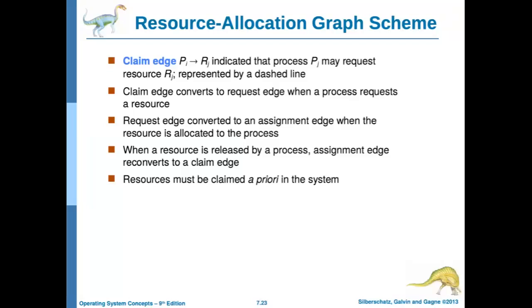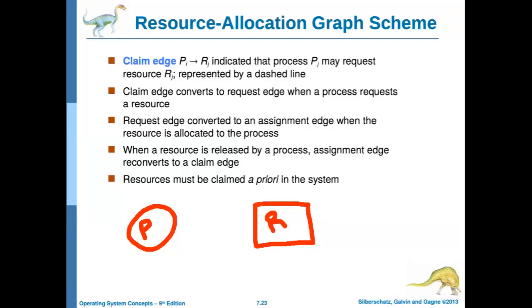Okay, so from this slide, you just need to take three things. Let me try to draw it here. So for example, this is a process, this is a resource. Let me call this P, and let me call this R, that is a resource.